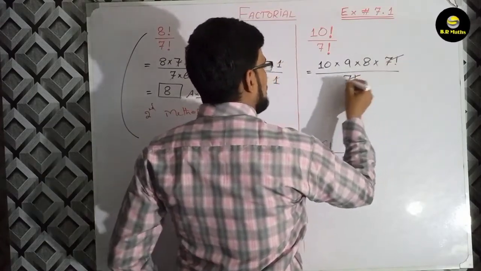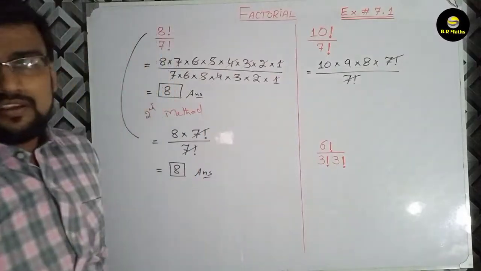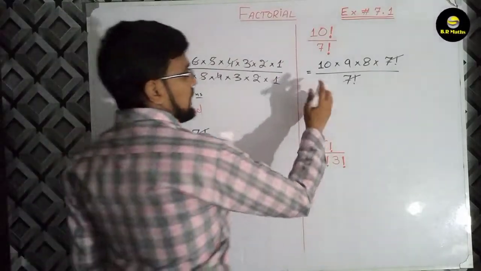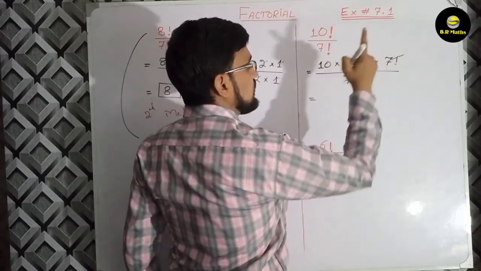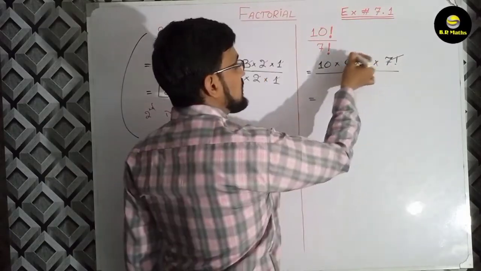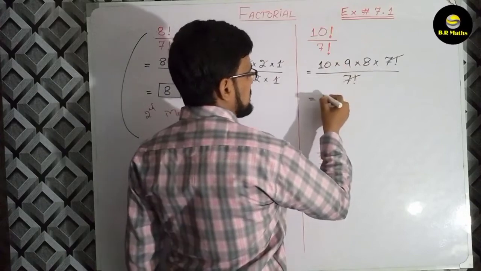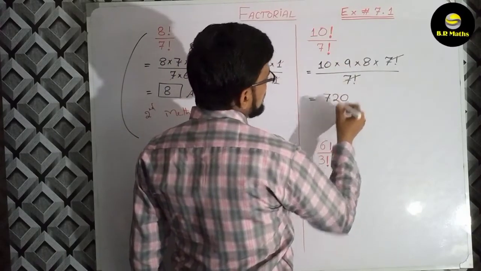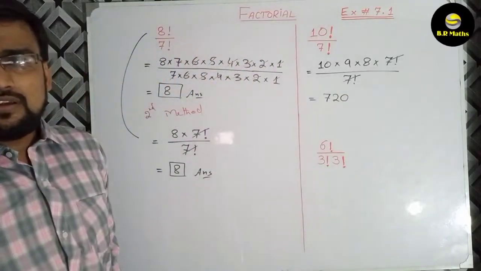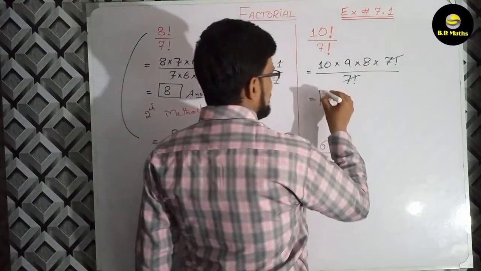So 7 factorial cancels. The final result is 10, 9 and 8. 8 multiplied by 9 is 72, and then multiplied by 10, the result is 720. So this is the final result, 720.